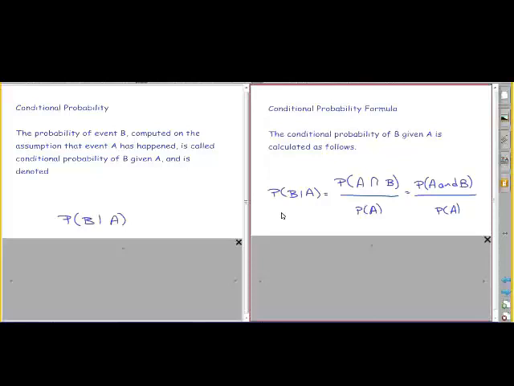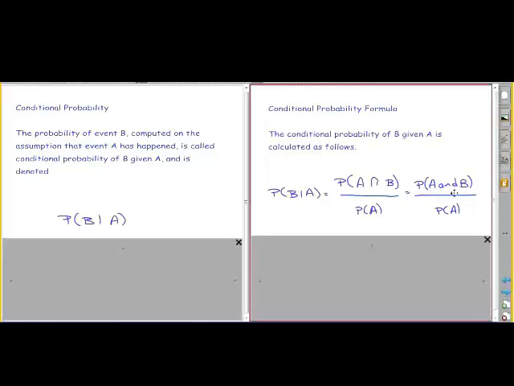And the way you calculate conditional probability is using this formula. It says the probability of event B occurring given that event A has occurred is equal to the probability that A and B will occur divided by the probability that A has occurred.